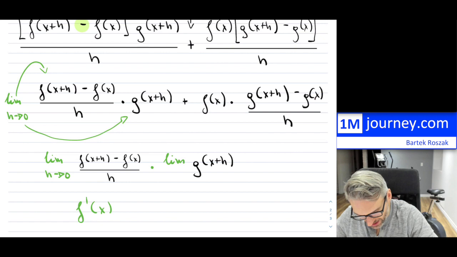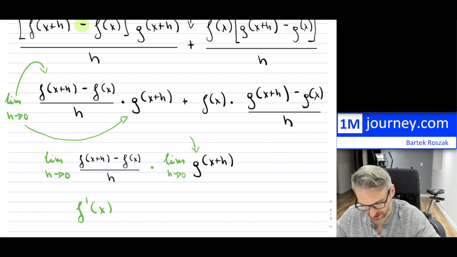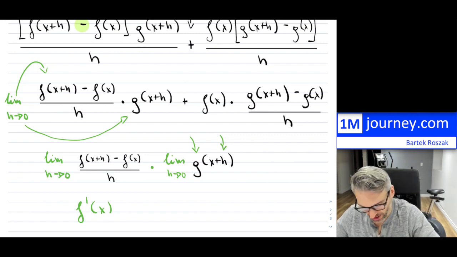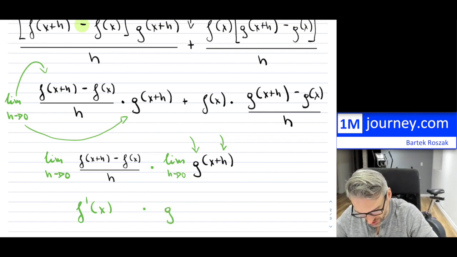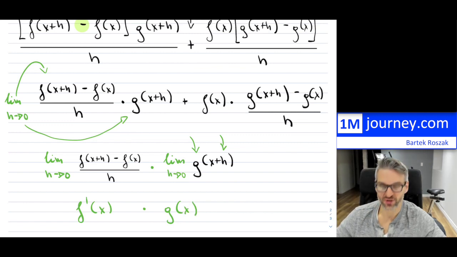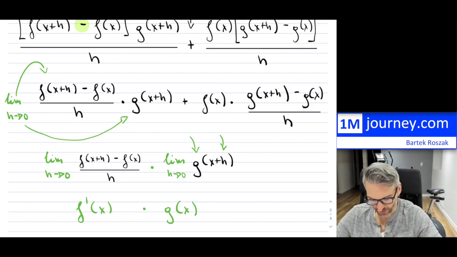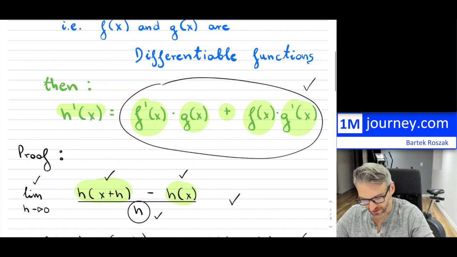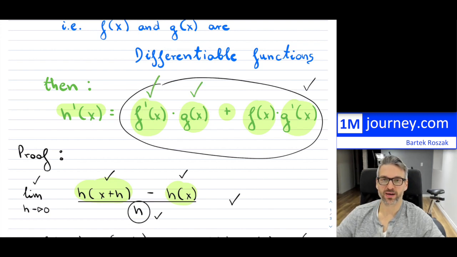And now this, as the limit tends towards 0, because our g is a differentiable function, so this h, as we have it within our function, okay, as h tends towards 0, this really just becomes g at x, because h tends towards 0. And if you now think about it, if I scroll back up here, this is exactly what we were after. This multiplied by g.